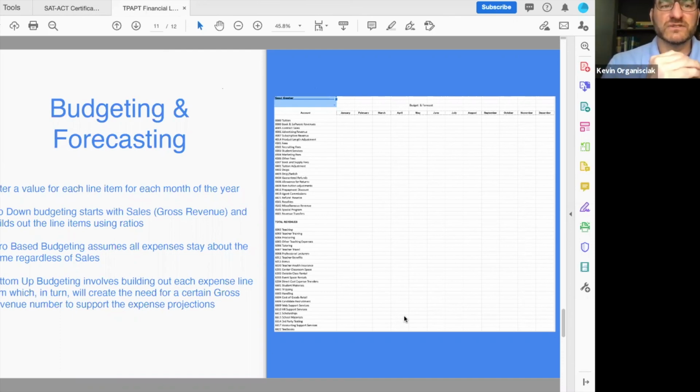So focusing on the expenses first should create a dynamic where you use those expenses and you expect the increase to produce a return on that expense investment. And so there are a few different ways here to start your budgeting process.